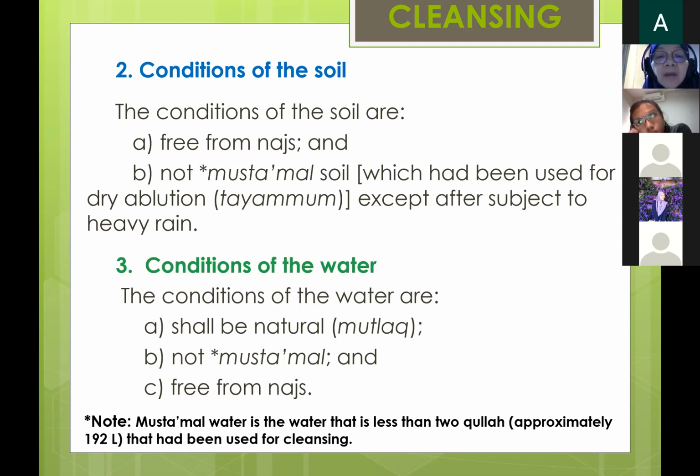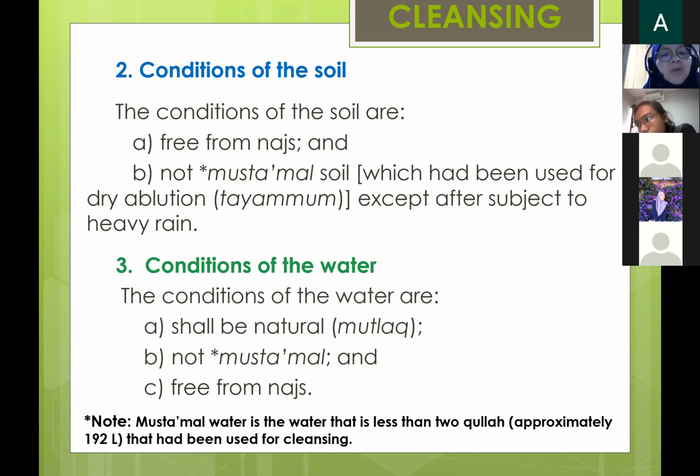Used water is used water. So this used water, we can say it's clean, it's pure, but it is not purifying. It cannot be used for cleansing. Of course, you don't drink that water. You can use it to clean the bathroom, or to water the plants.